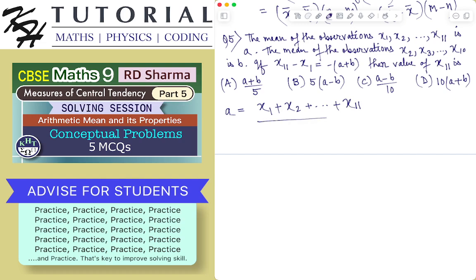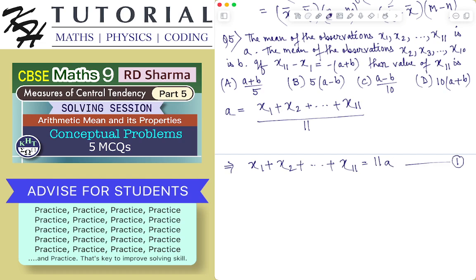So divided by 11, this implies x1 plus x2 plus like this plus x11 is equal to 11a. Let's call this result equation number 1.